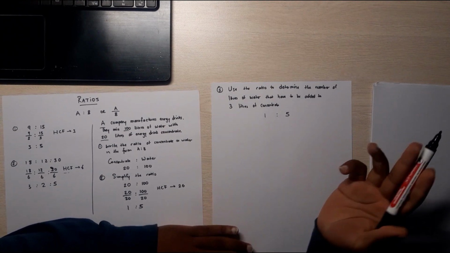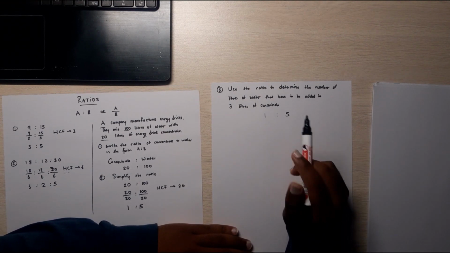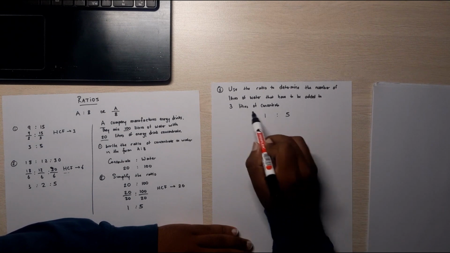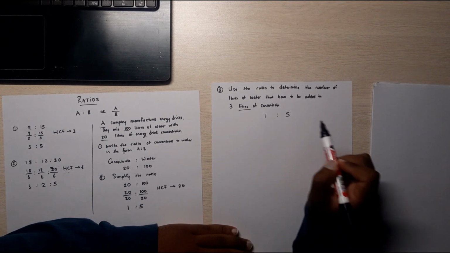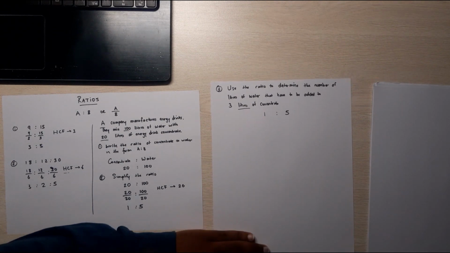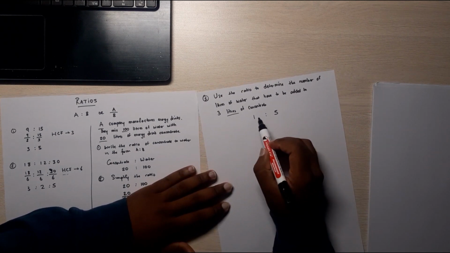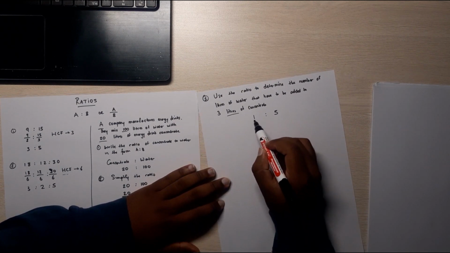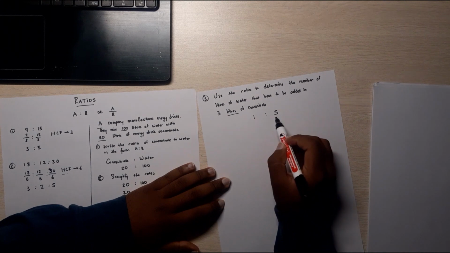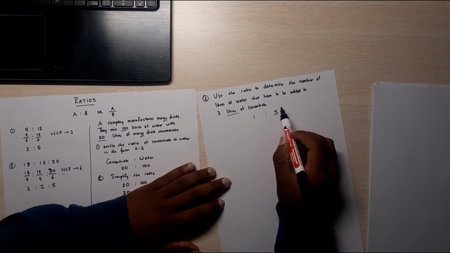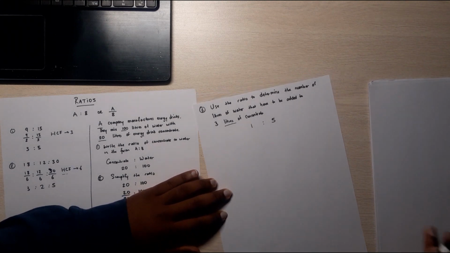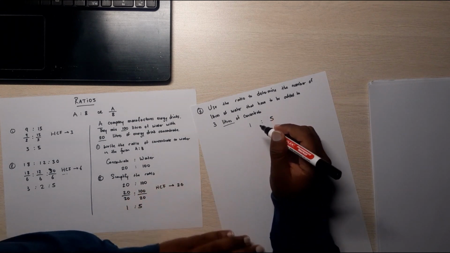By unit, I mean liters, because that's the unit in use. So if for 1 liter of concentrate we use 5 liters of water, all we do is the following.